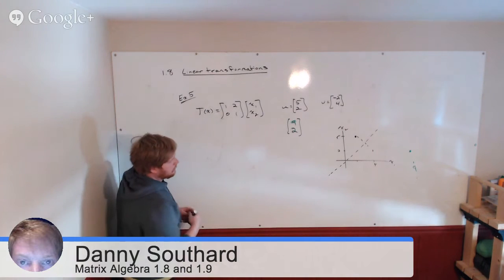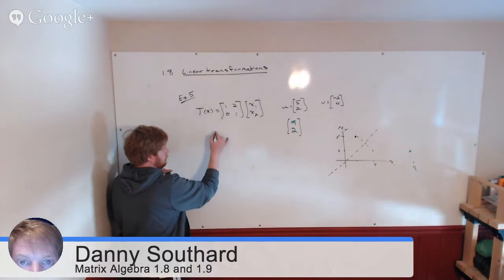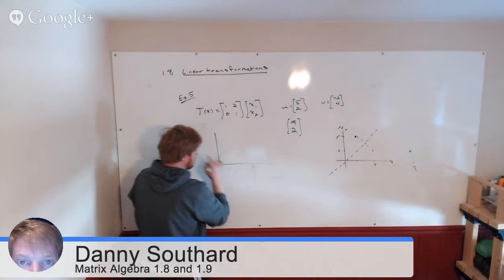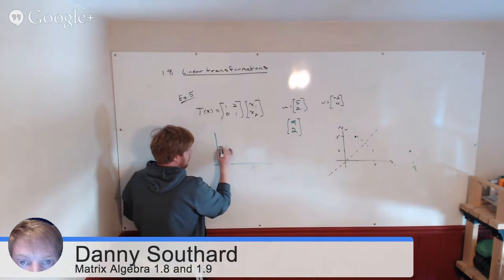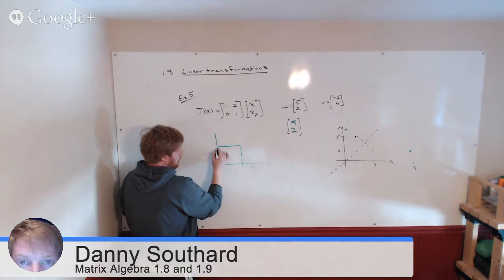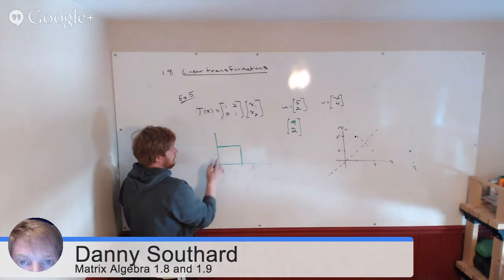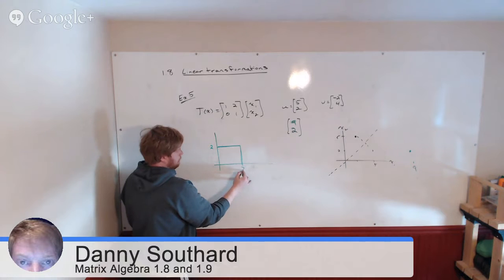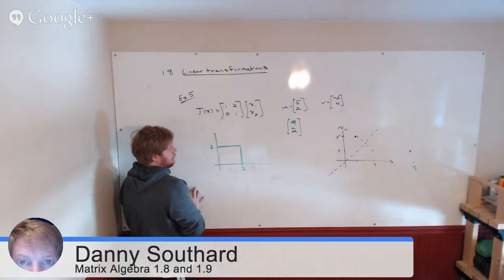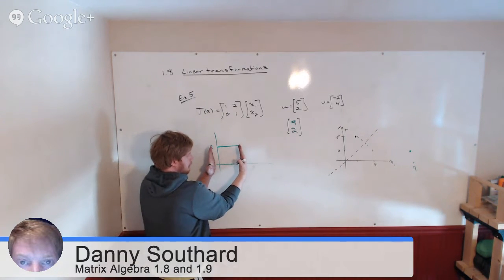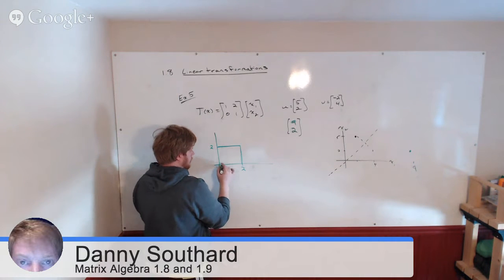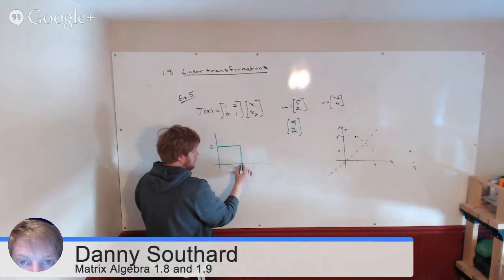So if you can imagine a vector space under this sort of transformation, I would be tilting everything over but keeping the height the same.